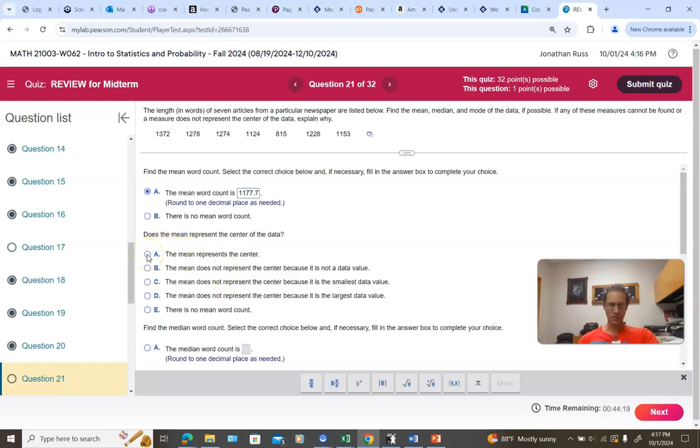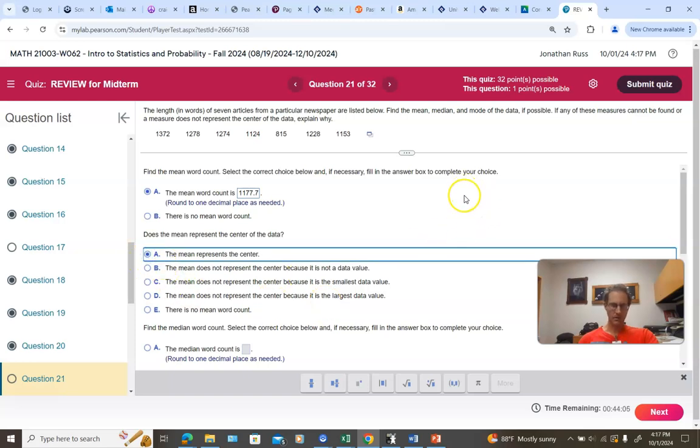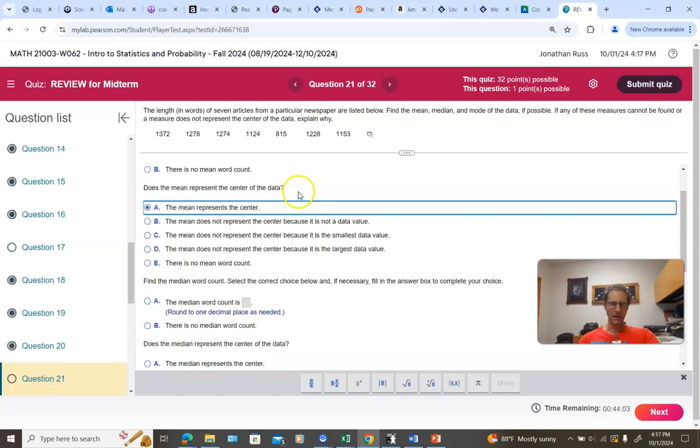I think so. Well, hold on a minute. Yeah, it does. Okay. I was thinking about outliers, but this one would maybe only be the one outlier. It doesn't say anything about that in these choices.